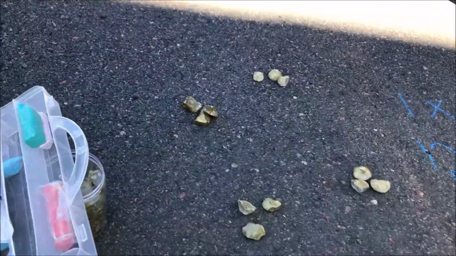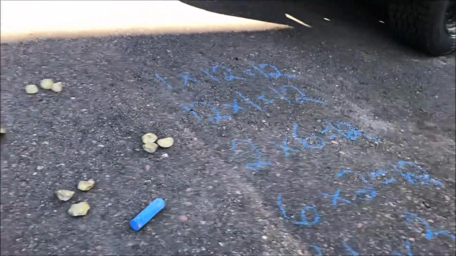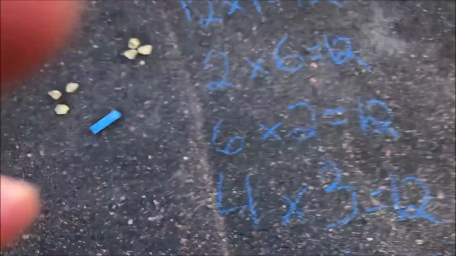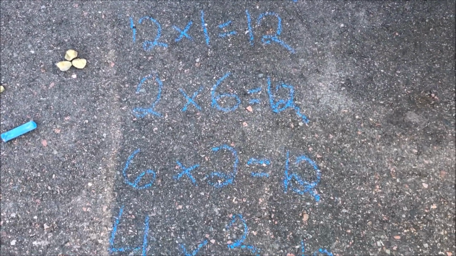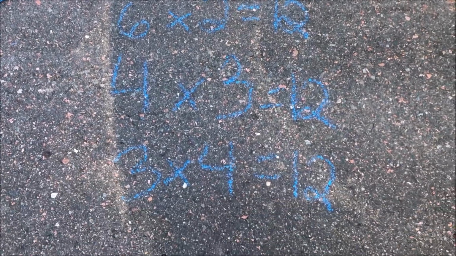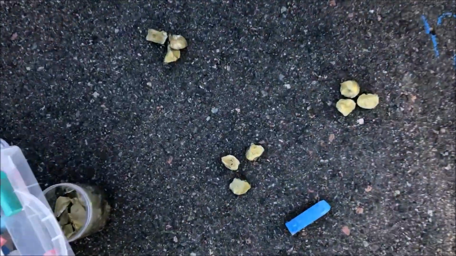So now what I need to do is start to look and see if this can help me with division. So I'm going to give you a good look at all my equations first. And now we're going to try the division. So I have my 12 rocks here.